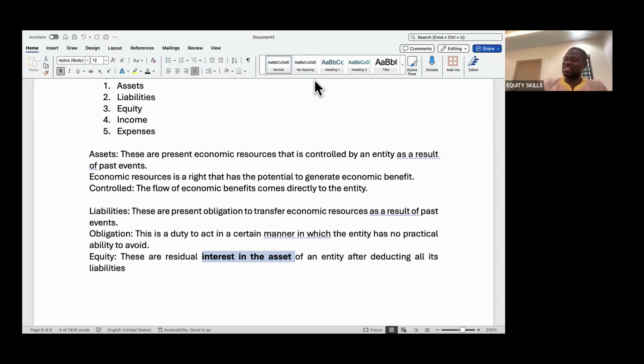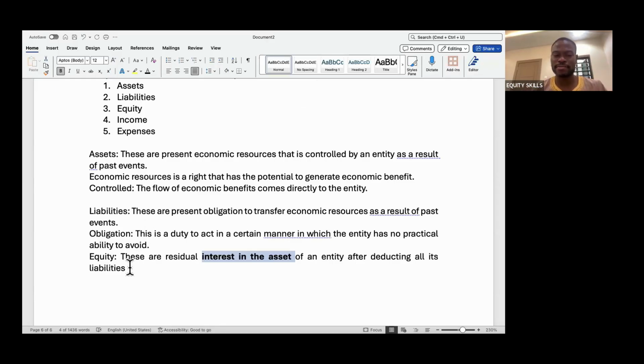Not just the person now. Equity also involves that item they are paying last. Whatever is remaining is also equity. So equity is seen from the perspective of the person and also that thing we are paying last.